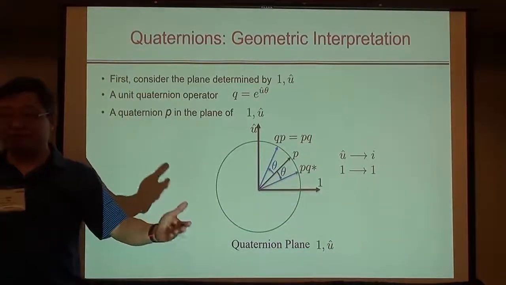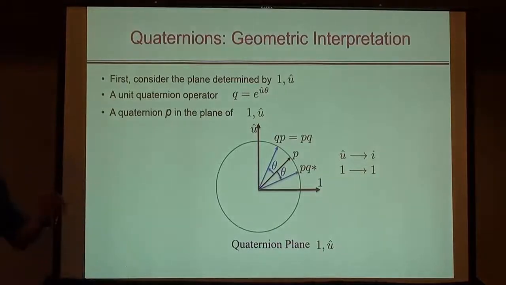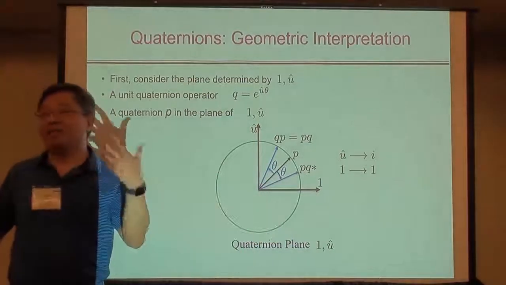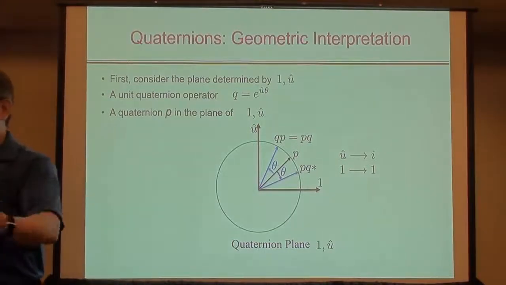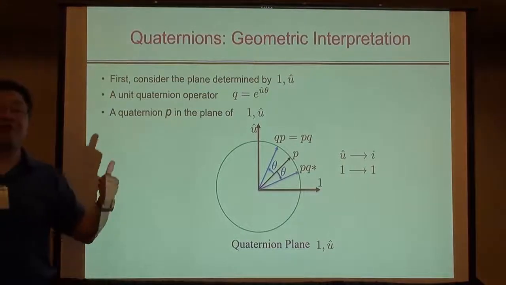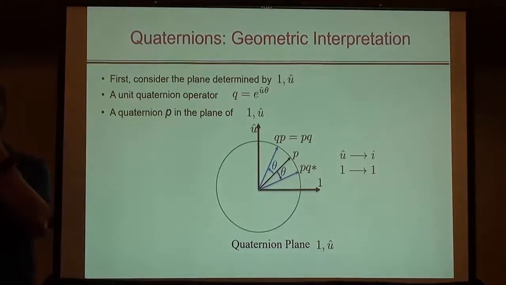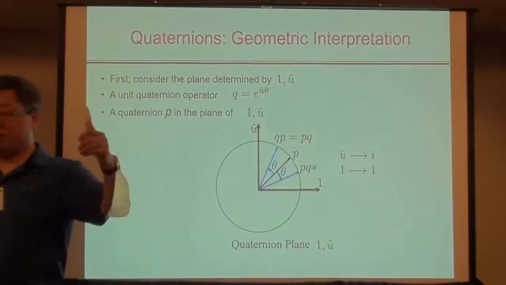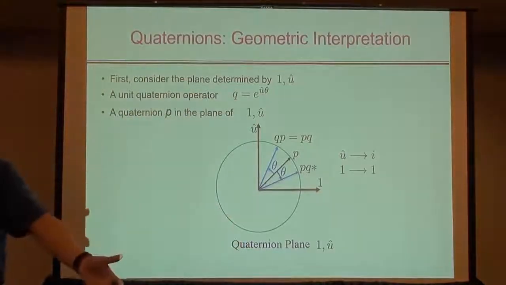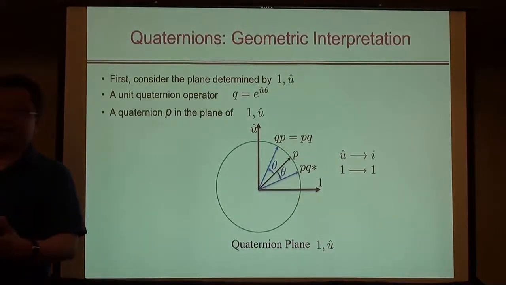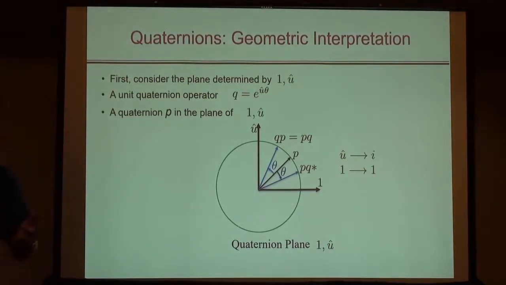That's a well-known formula. So the question is, why do you need to do that? Why can't we just do Q times P and be done with it? First of all, P is a three-dimensional vector and Q is a four-dimensional, full-fledged Quaternion. Q times P is, in general, another Quaternion.